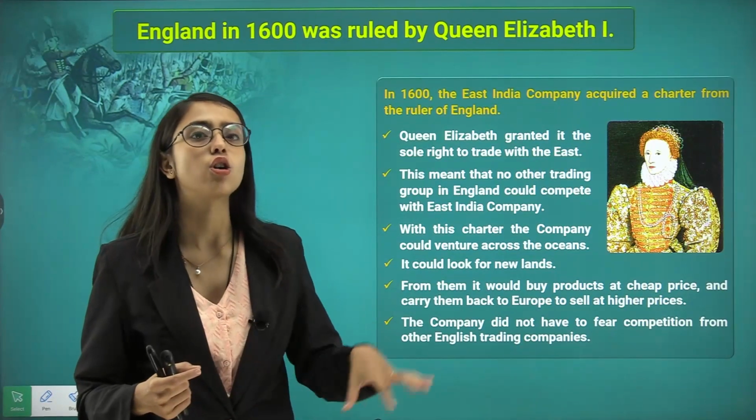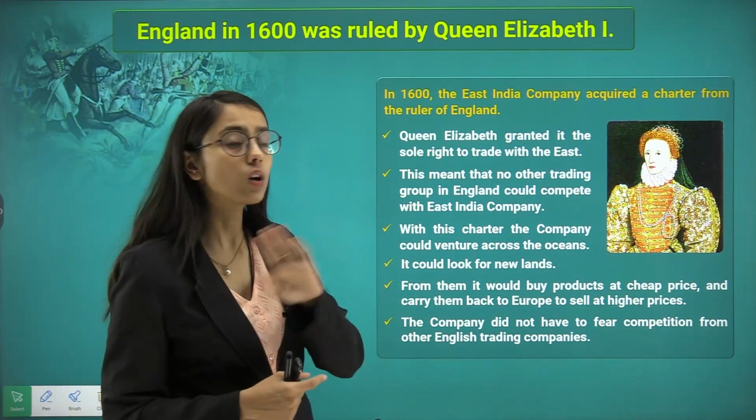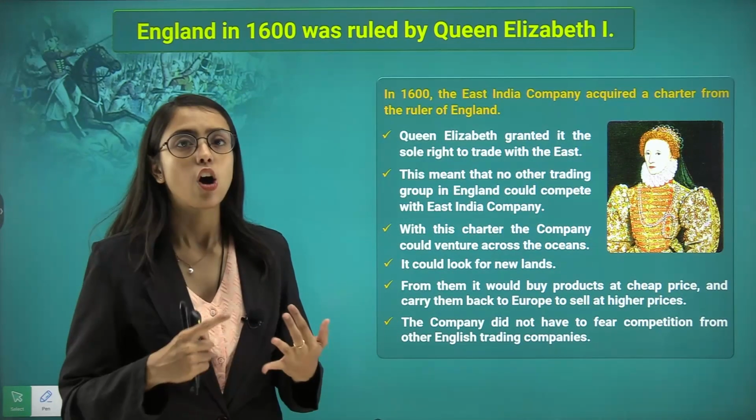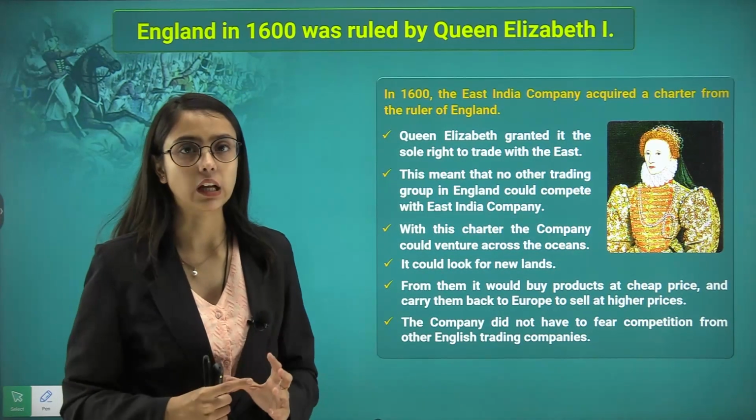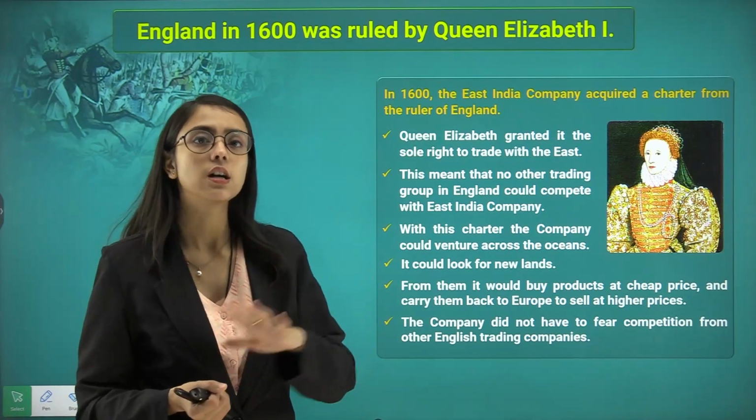That consisted of all of Asia. Under this, it meant that no other trade company from Britain or from any part of England could function, trade or merchandise with the East.